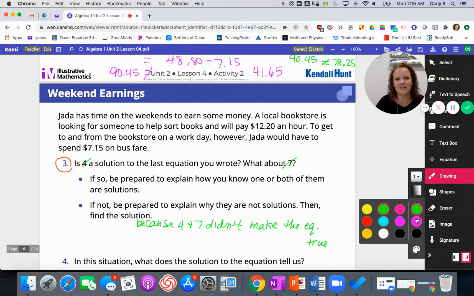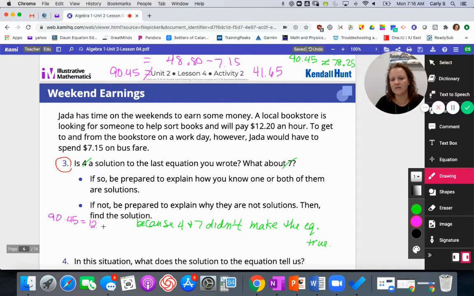So let's find the solution. $90.45 equals 12.20 times H minus $7.15. So we're trying to solve for H. I need to isolate H. So let's move everything else away. First I'm going to add $7.15 because it gets rid of it on that side.